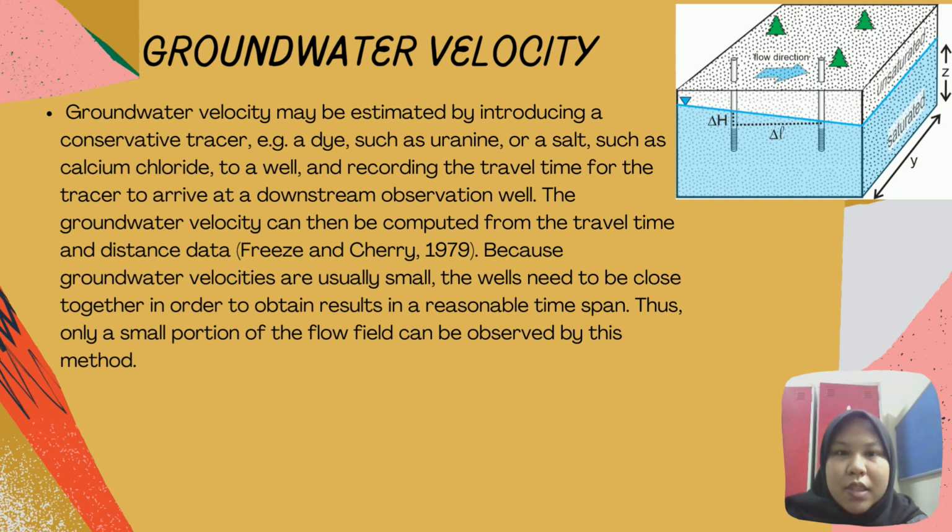The groundwater velocity can then be computed from the travel time and distance data. Because groundwater velocities are usually small, the wells need to be close together in order to obtain results in a reasonable time span. Thus, only a small portion of the flow field can be observed by this method.